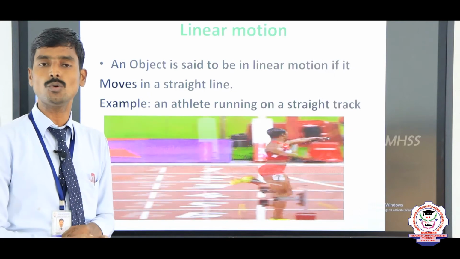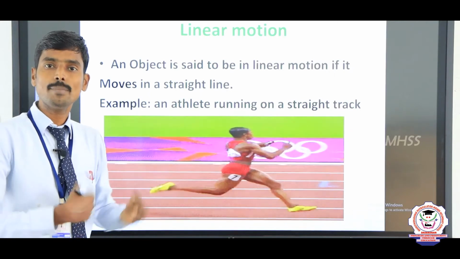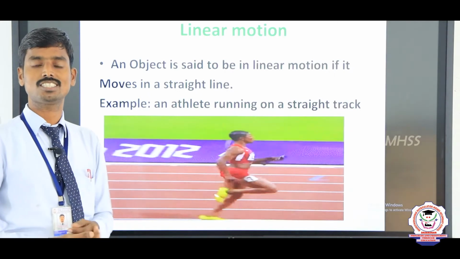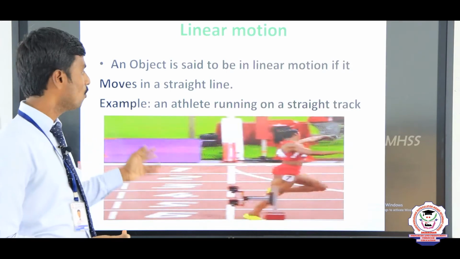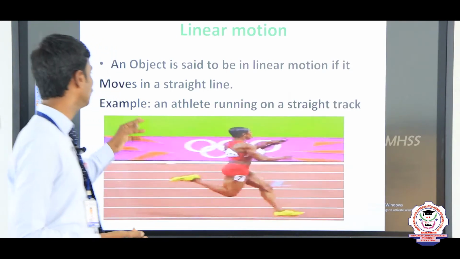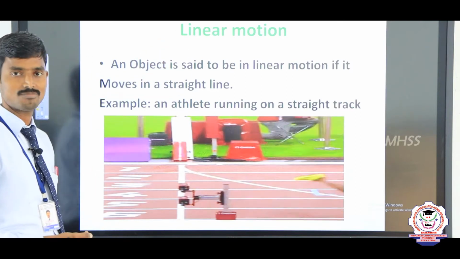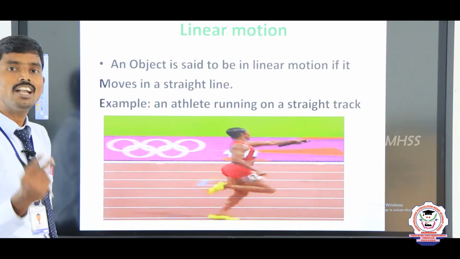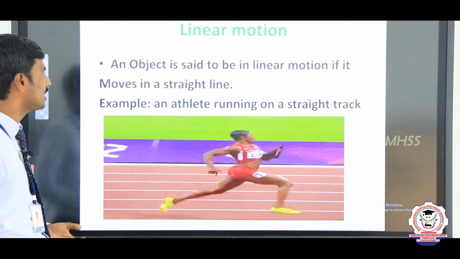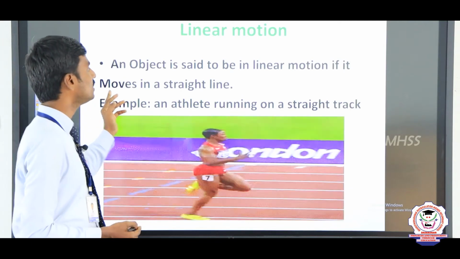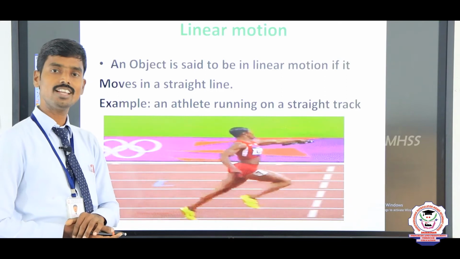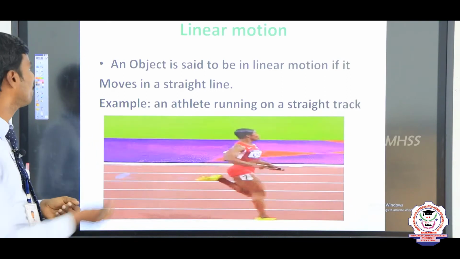In these Cartesian coordinates the motion of an object can be explained. Here only one direction is covered. Define linear motion: linear motion is when a body moves in a straight line.